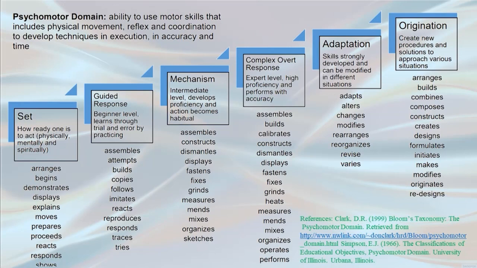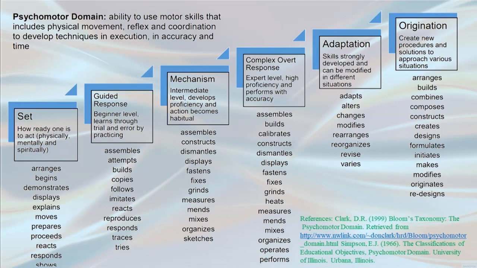So the learner revises and improves procedures. In the next level, which is the origination level, the learner creates new procedures and solutions to approach various situations and creates his own process in executing physical tasks or creates new ways of doing a medical procedure. You see the action verbs for each level below them.